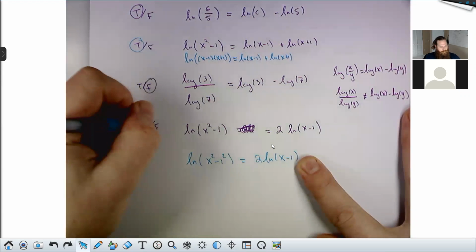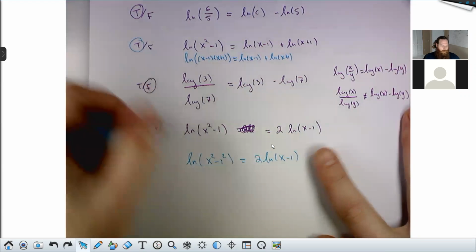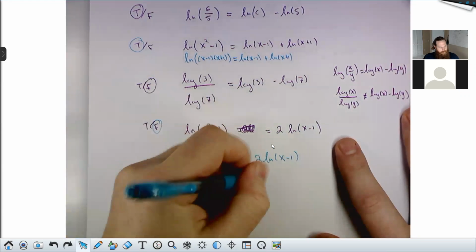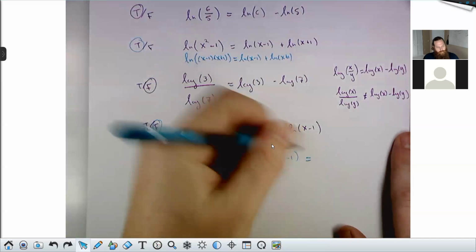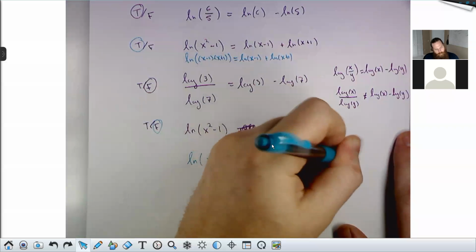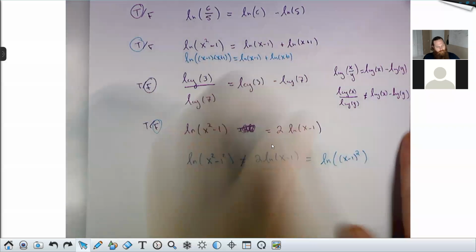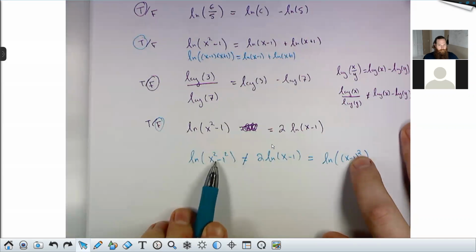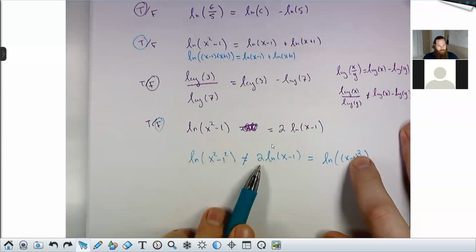Because that looks like x minus 1 is squared. So this is not equal to that. What is equal to 2 times the natural log of x minus 1 would be the natural log of x minus 1 all squared. And since these are not the same, this is not equal to this.